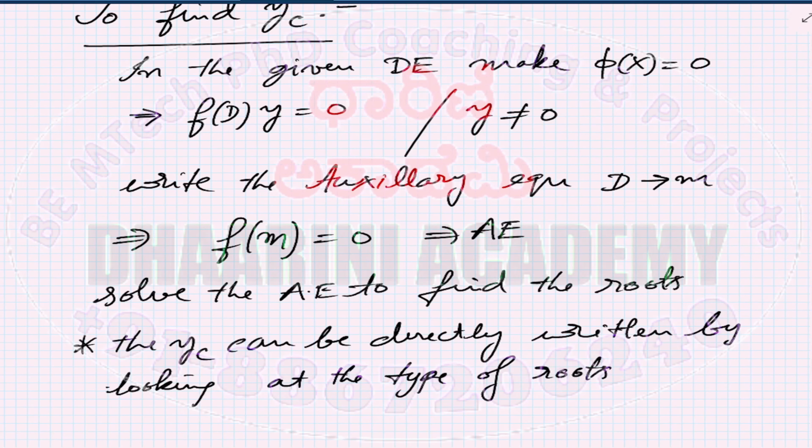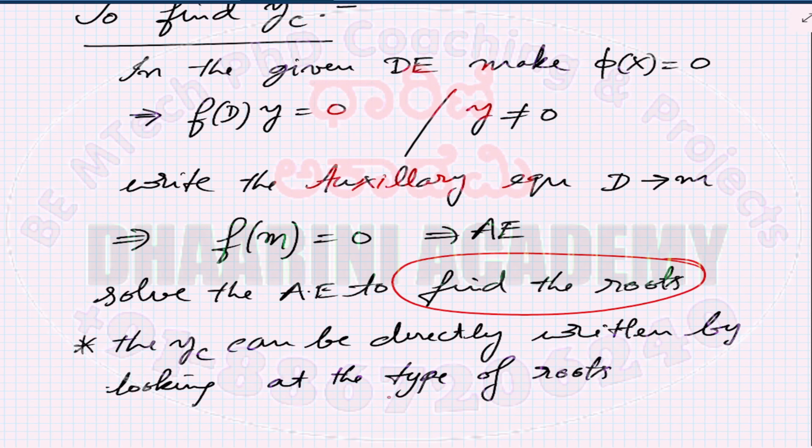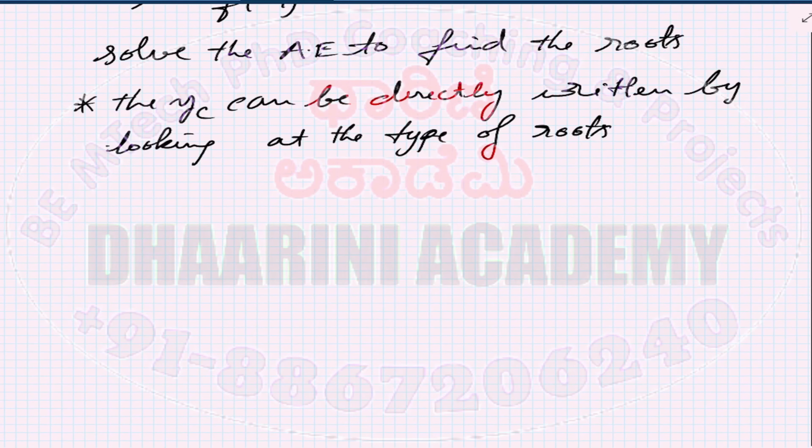What type of roots you get, because just now the last step says to solve it and find the roots. Now what type of root it is, we'll see the types now. Depending upon the type of roots you have, you use a table. I'm going to write a table now, and I will be able to write the yc easily. Just to make it easy, we'll write a table. So yc can be directly written by looking at the type of roots using the following table.